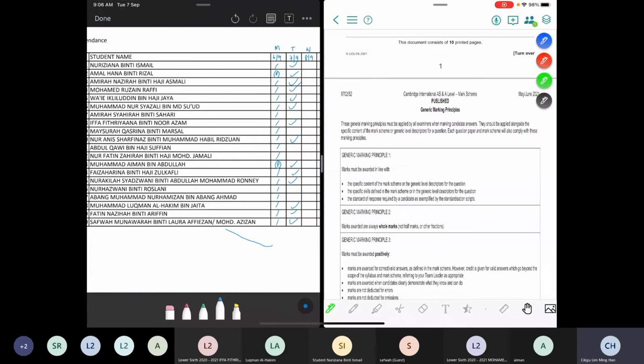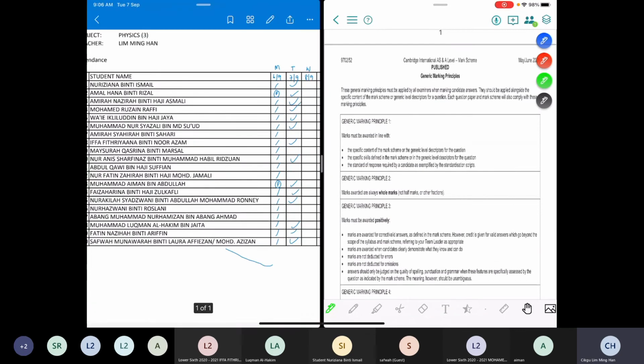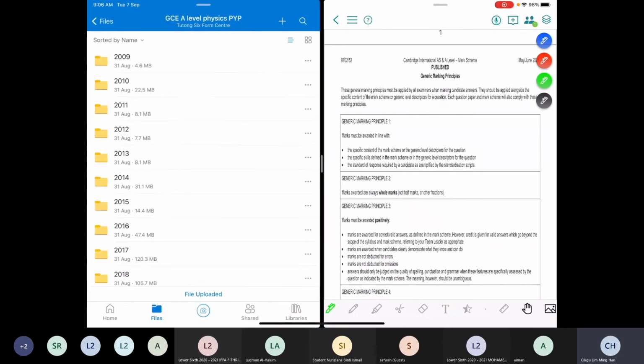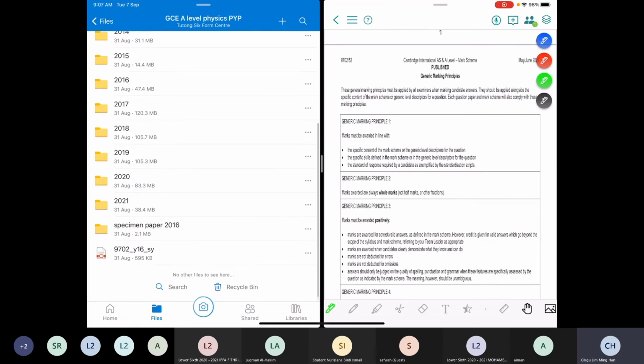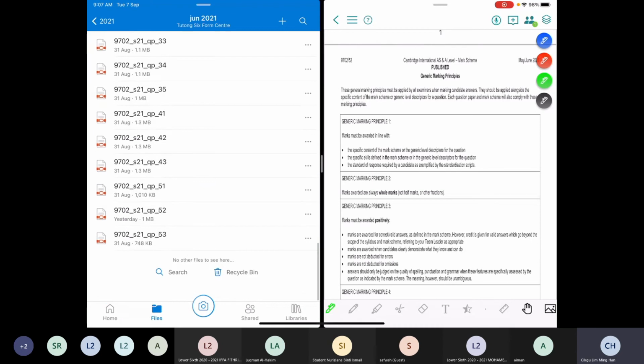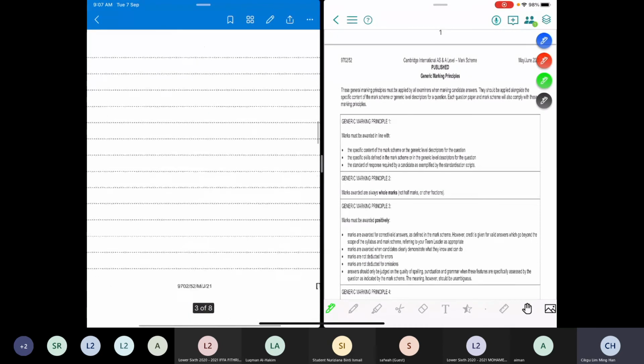Alright. Let's look at Fatin's paper only. Okay. So this is 2021 June, question number 2. Okay, we look at question number 2 here.